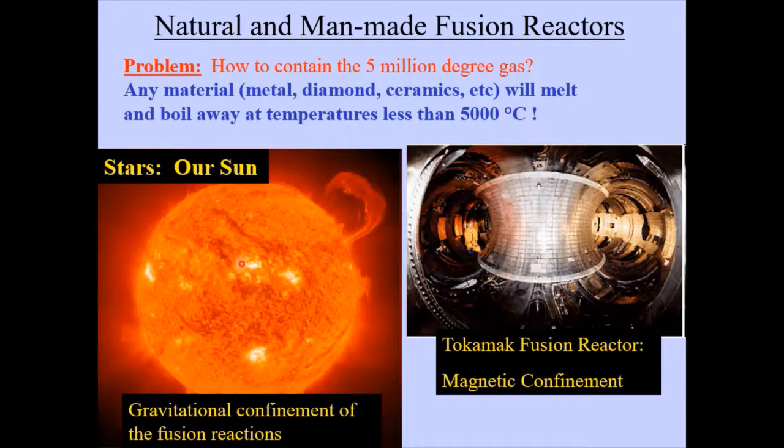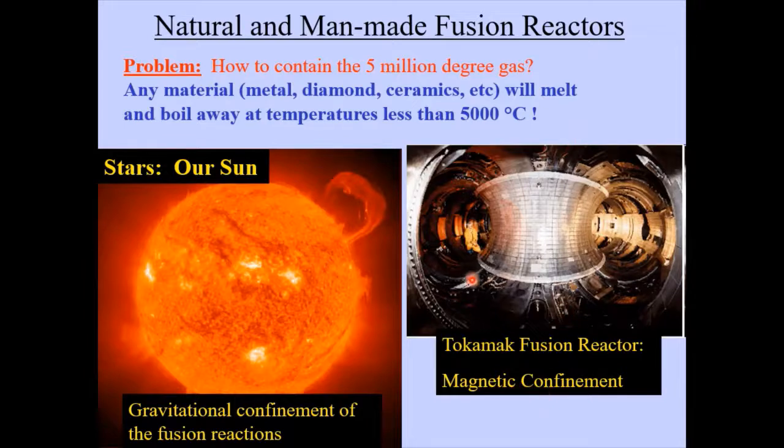All right, but this is one way to confine the fusion reaction, is to have gravity squeeze all this gas together and heat it up. The center of our sun is about 15 million degrees Celsius. That's well hot enough to create fusion, and that's what powers our sun. The other way to do it, the man-made way to do it, is by using magnetic confinement.